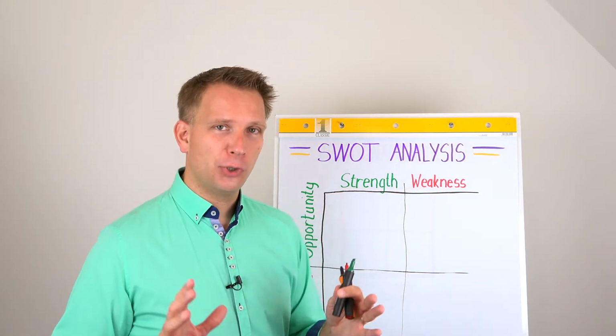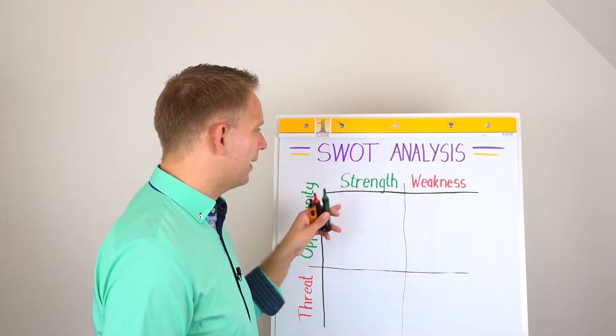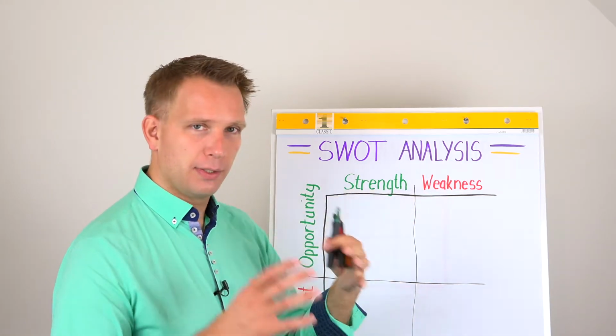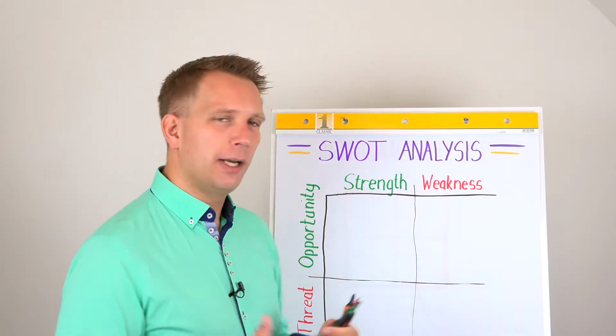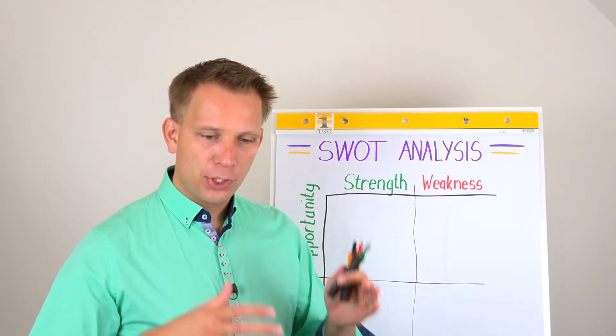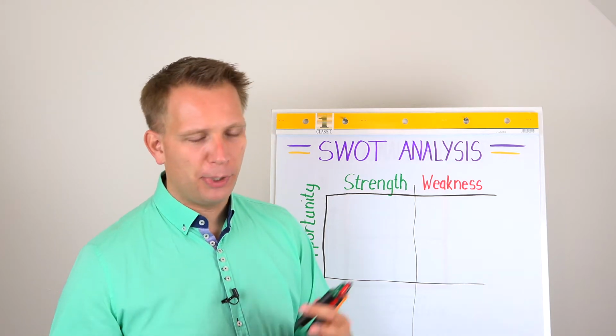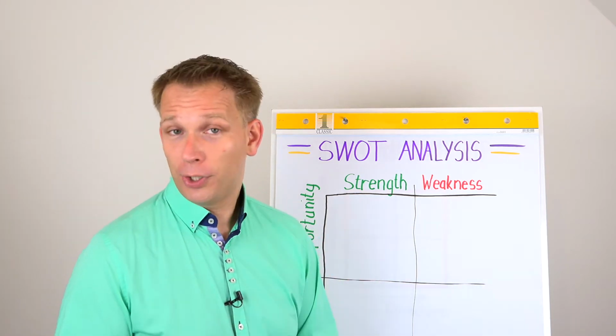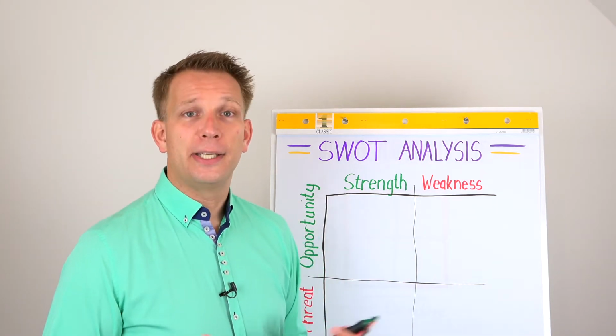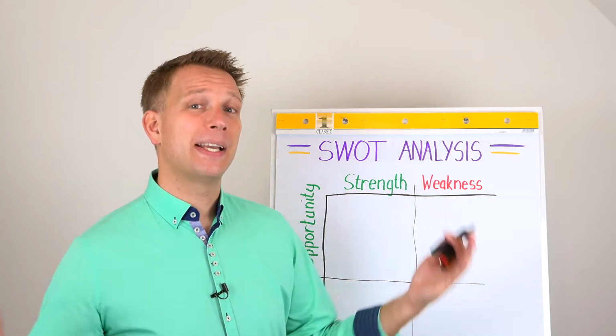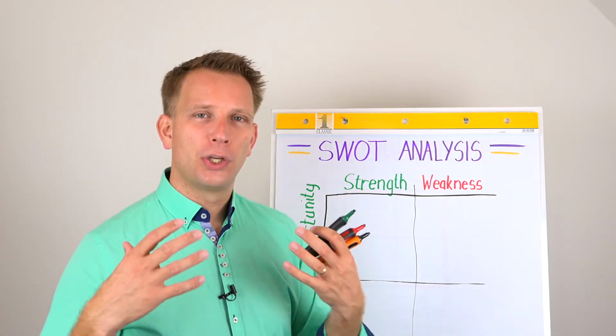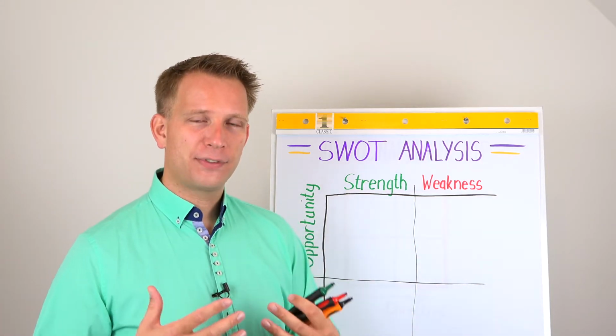For those not really into SWOT yet, the strength and weakness dimension is about the company itself. So it's your organization or your department or maybe your product or your type of working. You can make it as big or small as you want, but this is your internal strengths and weaknesses.